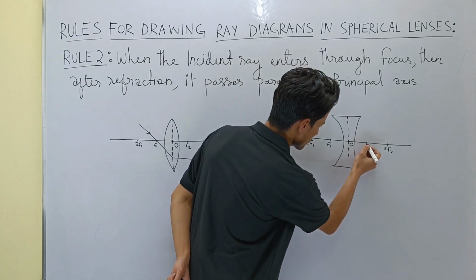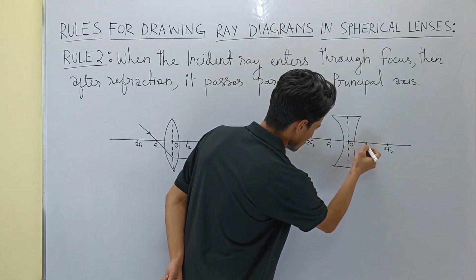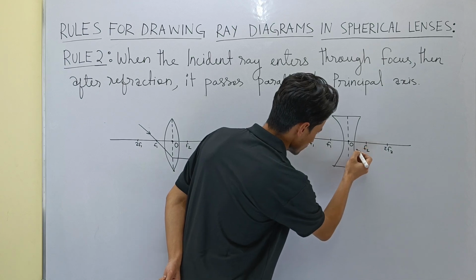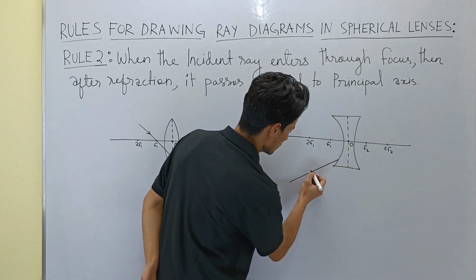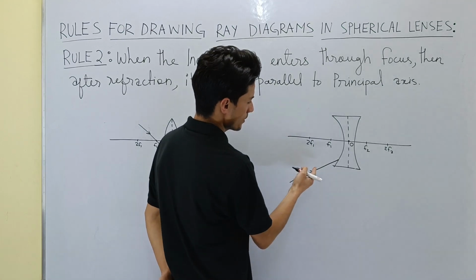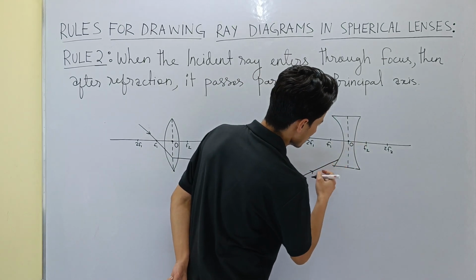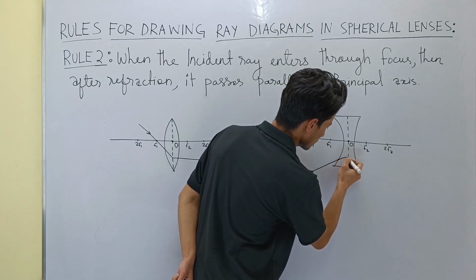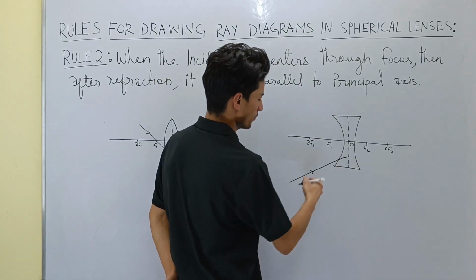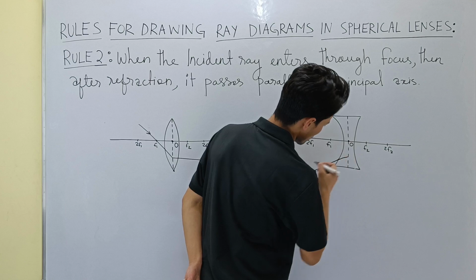If the ray is aiming for f2, so like this. Now it's aiming for f2, or is it not aiming?